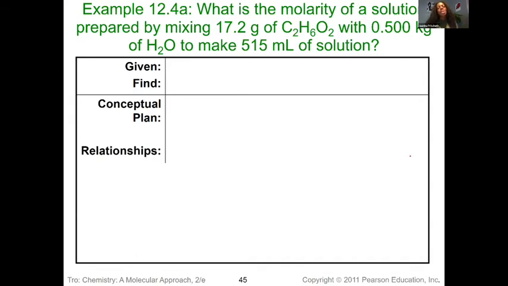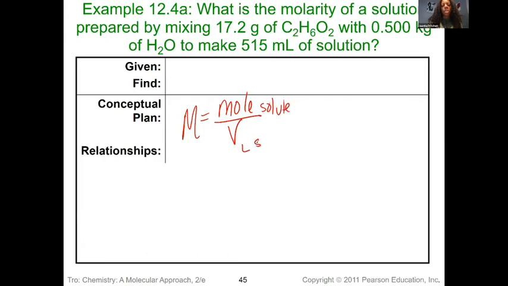So this one says, what is the molarity of a solution prepared by mixing 17.2 grams of C2H6O2 with 0.5 kilograms of H2O to make 515 milliliters of solution? So if we're looking for the molarity, we know it's going to be the moles of the solute divided by the volume in liters of the solution.